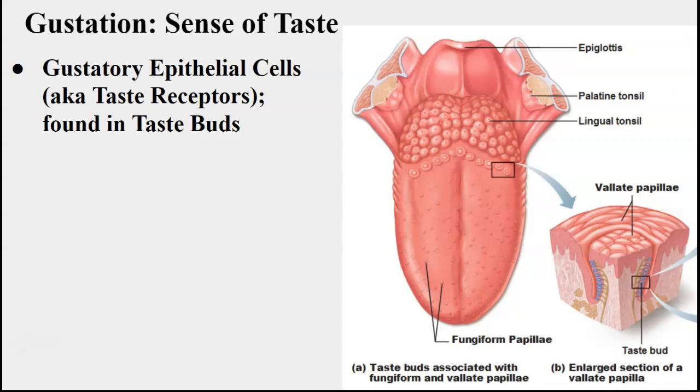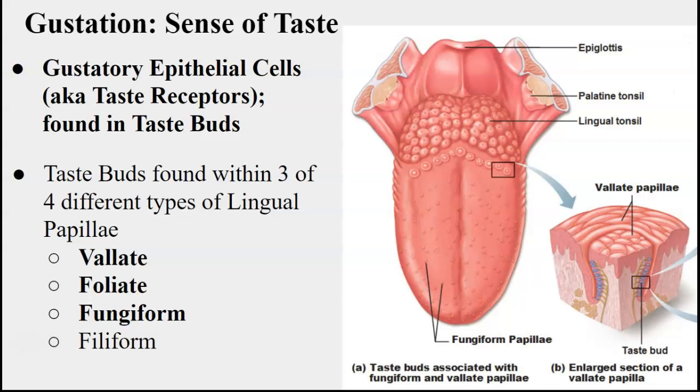So, sense of taste is based on taste receptors, also known as gustatory epithelial cells, and they are found inside of taste buds. But again, the taste bud isn't those little bumps on the tongue. Taste buds are found within 3 of the 4 types of lingual papillae.